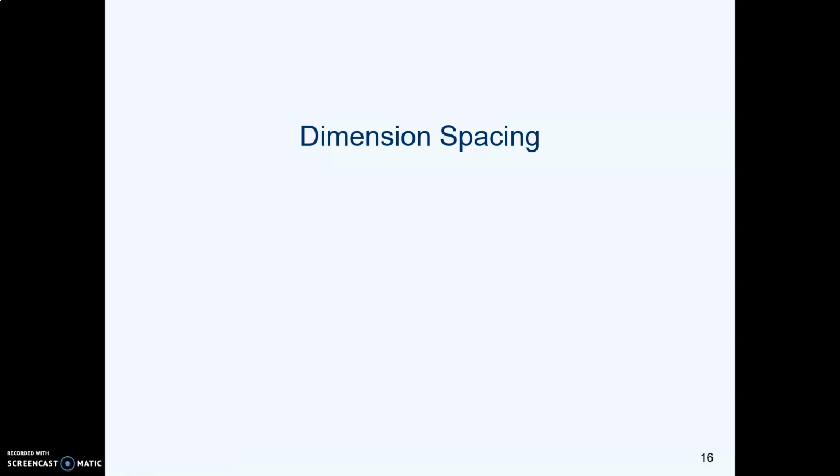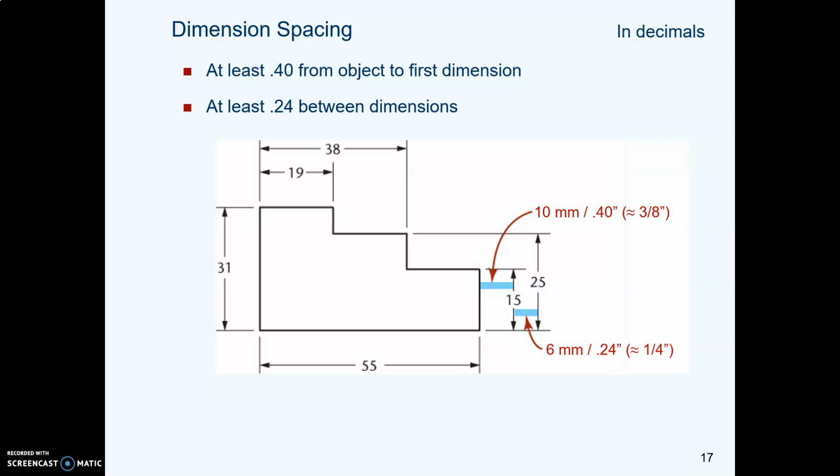Now there are guidelines about how far apart the dimensions must be to avoid cramped, messy looking drawings. And here's what ASME says. The first dimension must be at least 0.4 away from the part when printed.